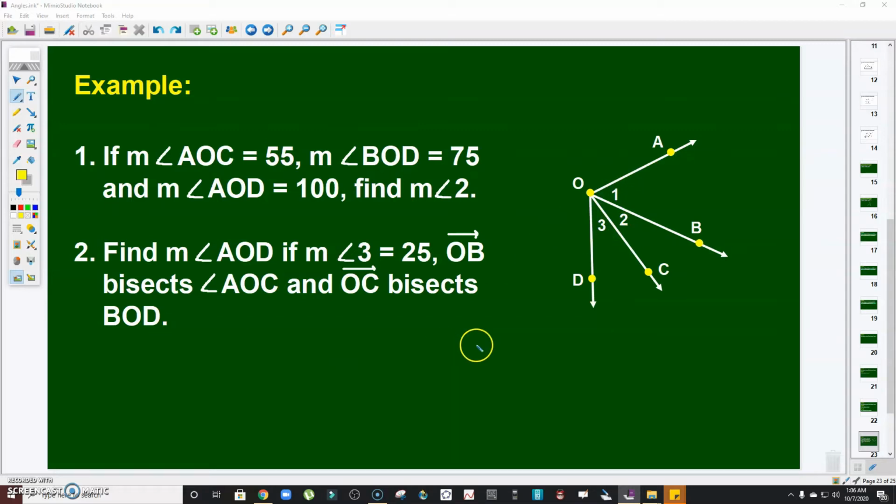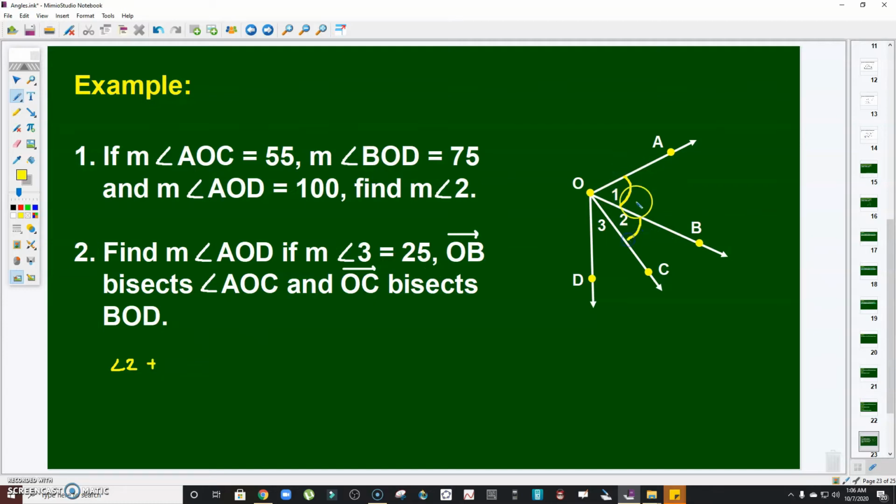Okay. So, to solve this one, dito ko nang lalagay. So, let angle 2, sige, angle 2 na lang. Alright. So, take note, yung angle AOC natin is angle 2 plus this one. Ano bang measure nito?